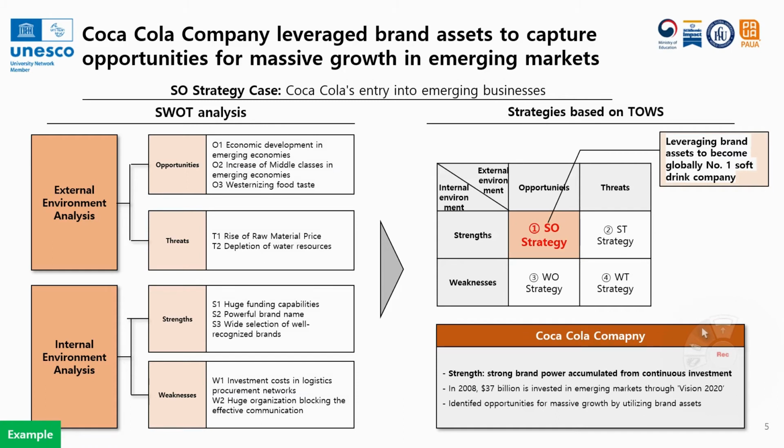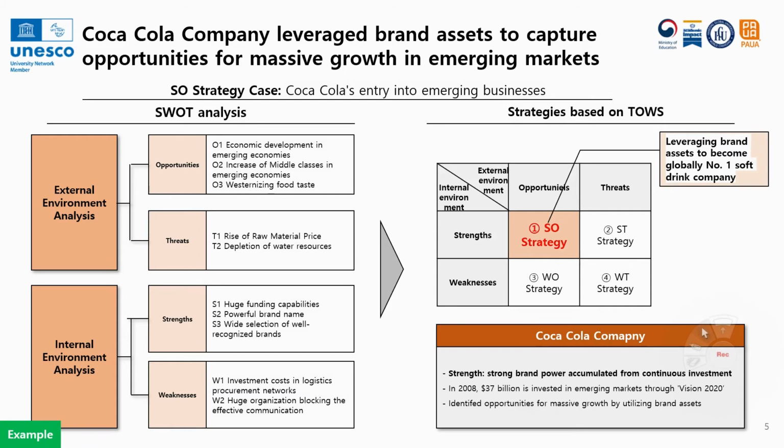So in short, one of the strengths of the Coca-Cola company is that strong brand power accumulated from continuous investment so far. In 2008, $37 billion was invested in emerging markets through Vision 2020. And they identified opportunities for massive growth by utilizing brand assets. So Coca-Cola was very successful in entering the emerging markets with an ambition to achieve Vision 2020.